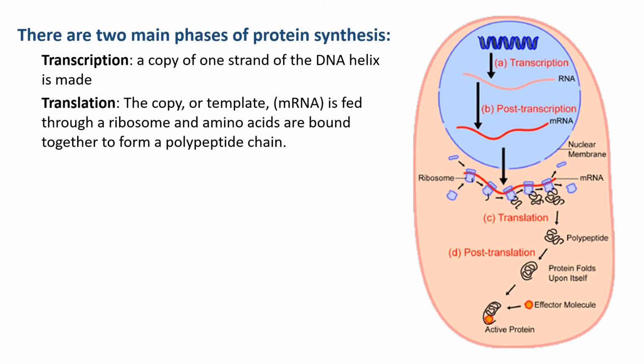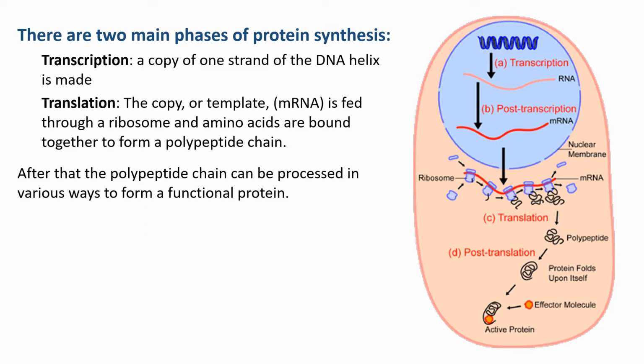In translation, that copy, the template known as messenger RNA, is then fed through ribosomes outside of the nucleus, and amino acids become bound together to form a simple polypeptide chain. This is the start of our simple protein.